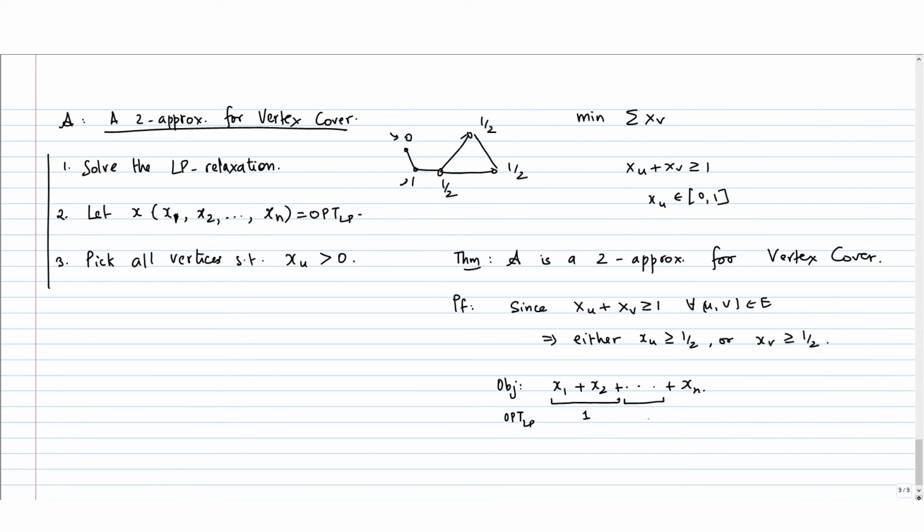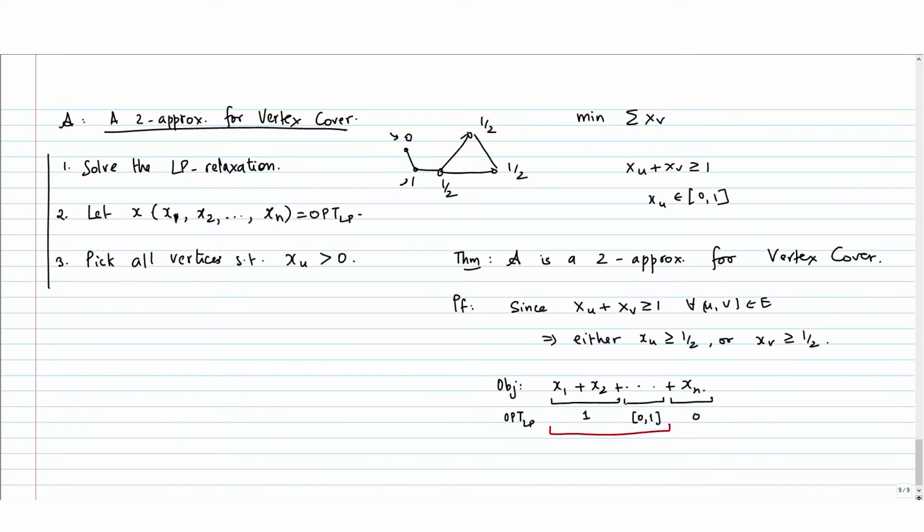This is a set of vertices where the LP gave you a value between 0 and 1, and these are all the vertices for which the LP gave a 0, right. So, what our algorithm has done is to pick all of these vertices in our solution. Okay. So, now can you see why this is a 2 approximation?